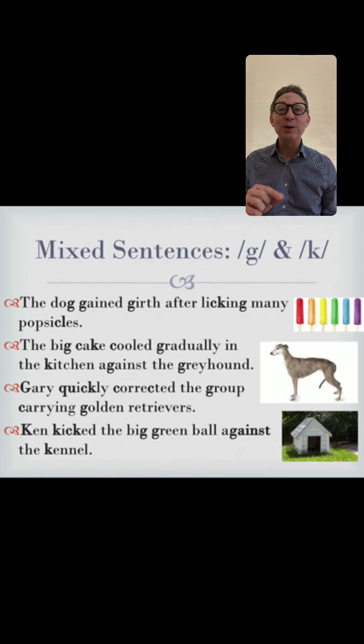They all deal with a dog or something related to the dog. Dog in sentence 1, greyhound in sentence 2, golden retrievers in sentence 3, and kennel in sentence 4 is a doghouse. A kennel is a doghouse.